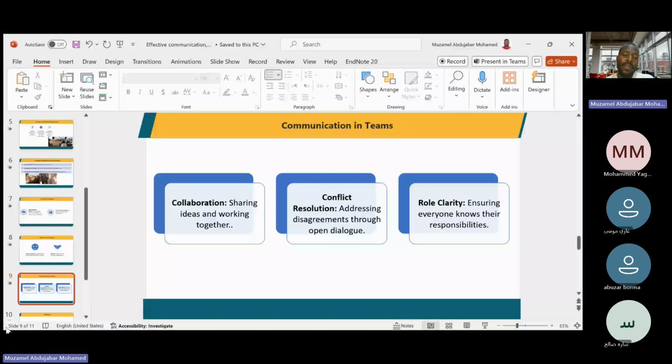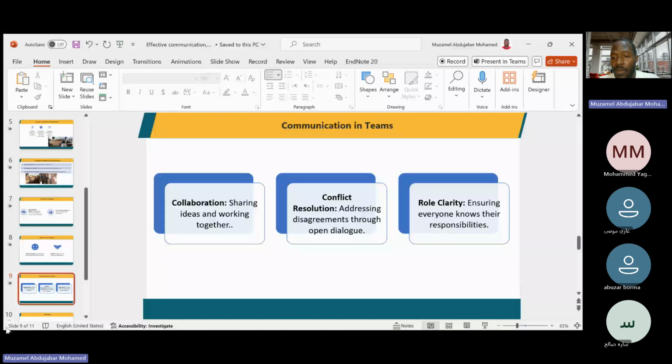Because conflict has bad consequences, it's very important to resolve conflict, especially among teams. It can make the work not harmonious or not go well. Through effective communication, you can overcome it with open dialogue. Open dialogue means you can understand the vision or ideas between the two people and see what the reason is and how you can overcome it. Conflict resolution is very important.